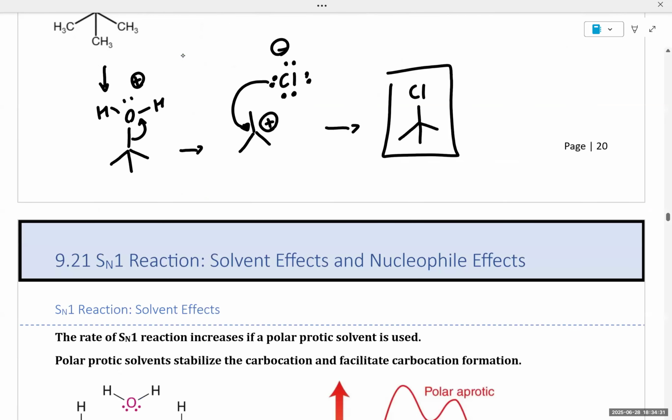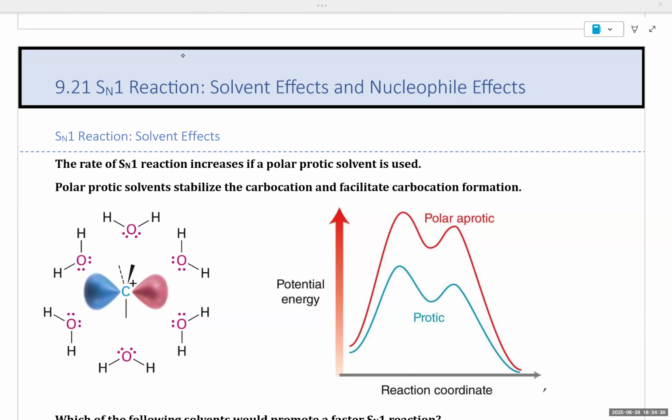Let's talk a little bit about the SN1 reaction in terms of solvent effects and nucleophile effects. So the rate of SN1 reaction increases if a polar protic solvent is used. The reason why this occurs is that polar protic solvents can stabilize the carbocation and facilitate carbocation formation.